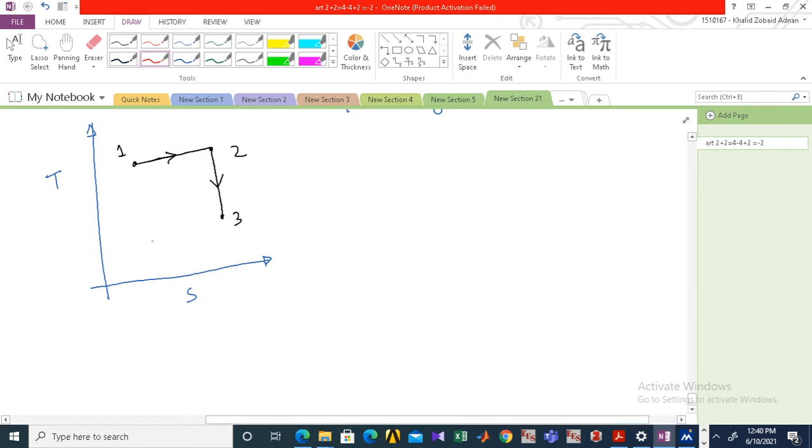So again, the line will be horizontal to the x-axis. Okay, so from 3 to 4, the temperature will remain TL, and from 1 to 2, the temperature will remain TH. Okay, so far so good. And to connect the dots, there is an adiabatic compression.